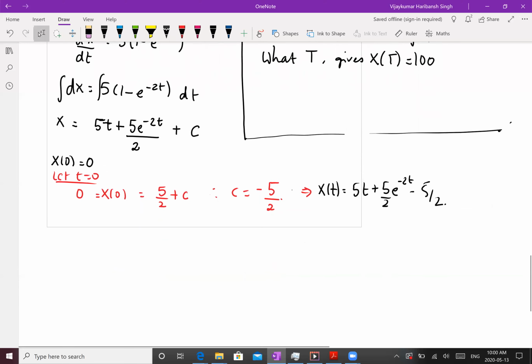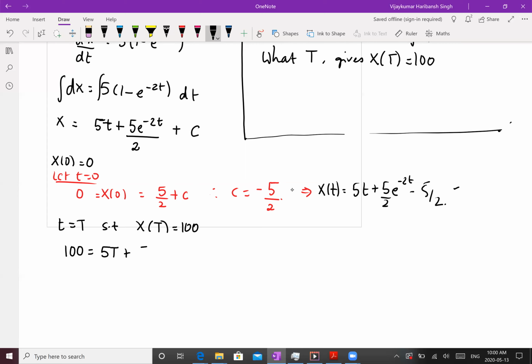So this is your solution. However, you're looking for t equals capital T such that x of t equals 100. So put this information in your function. You get 100 equals 5t plus 5 by 2 e to the power minus 2t minus 5 by 2.